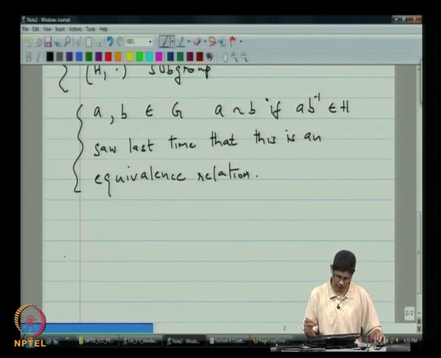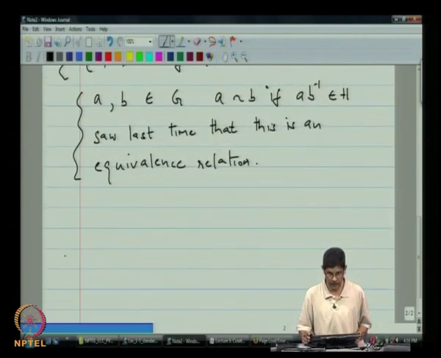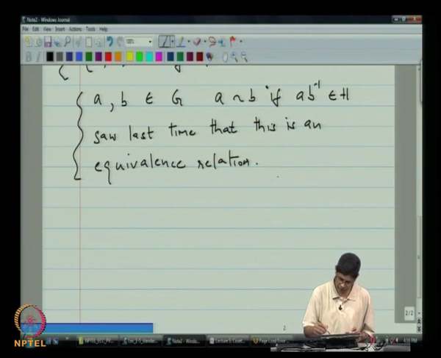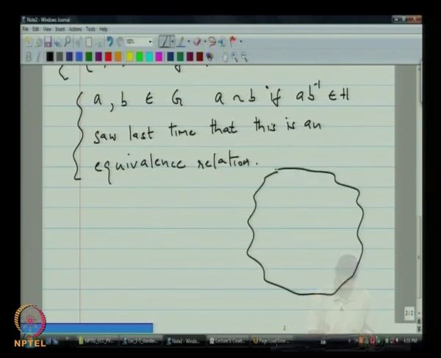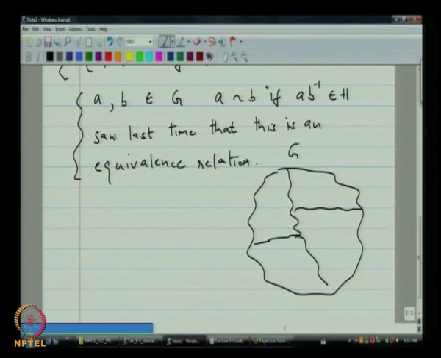So let's try to get a slightly better feel for what the equivalence classes are. We do know just from the fact that it's an equivalence relationship that the following picture holds, that you have G and you have some equivalence classes. So the question is, what exactly are these equivalence classes? For that, we're going to write down this expression, A B inverse is in H, in a slightly different fashion.